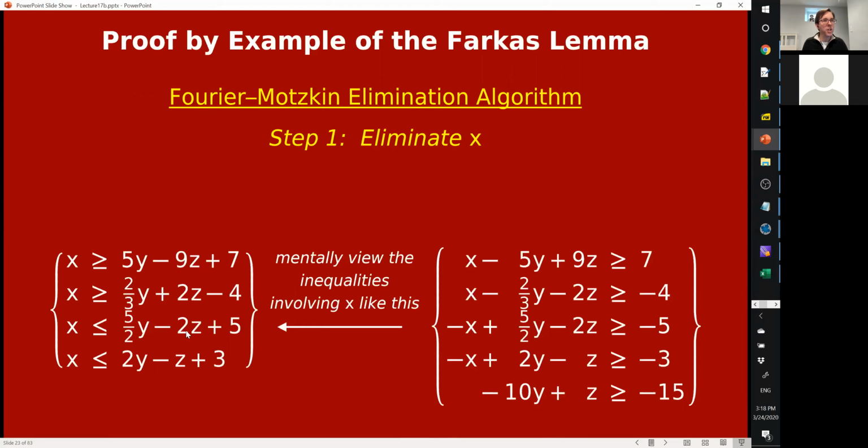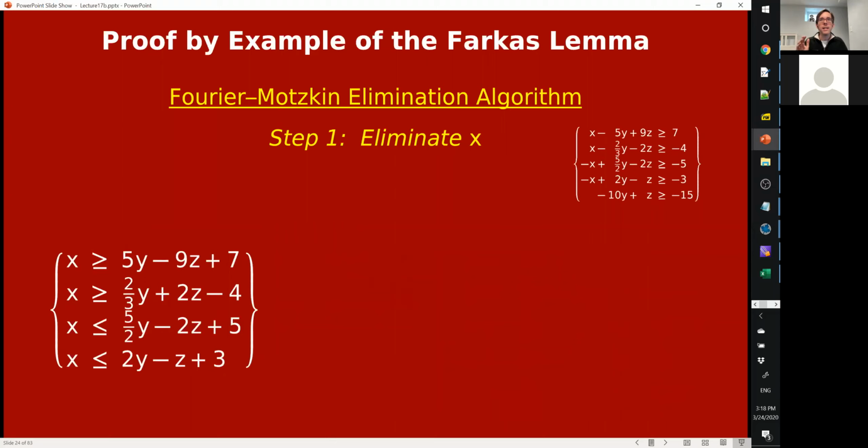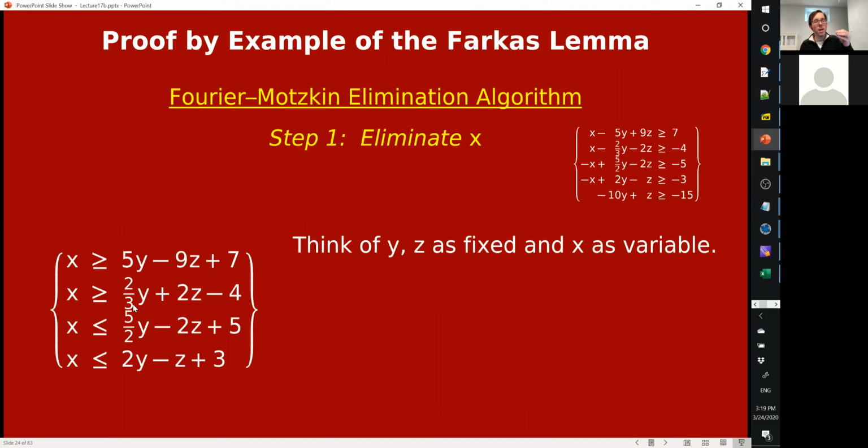And now you see it's not too hard to understand. You have some expressions that x is supposed to be bigger than and some expressions that x is supposed to be smaller than. I just put the original system back up there. Temporarily think of y and z as numbers, but x is a variable. Then your constraints on x are that x is bigger than some numbers and x is smaller than some numbers.